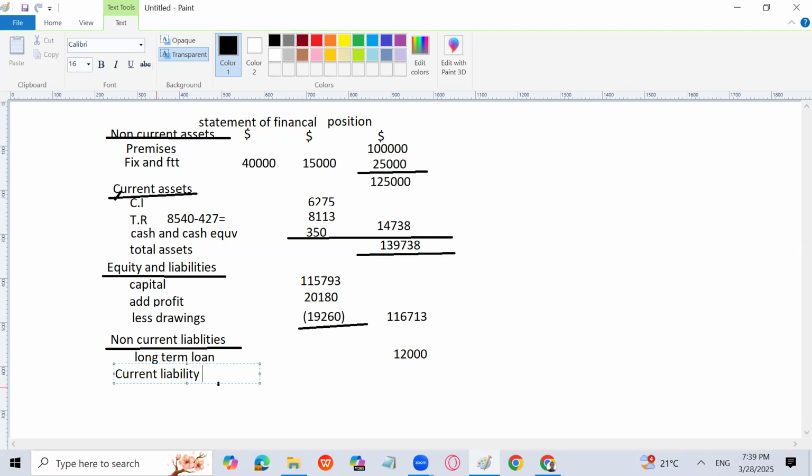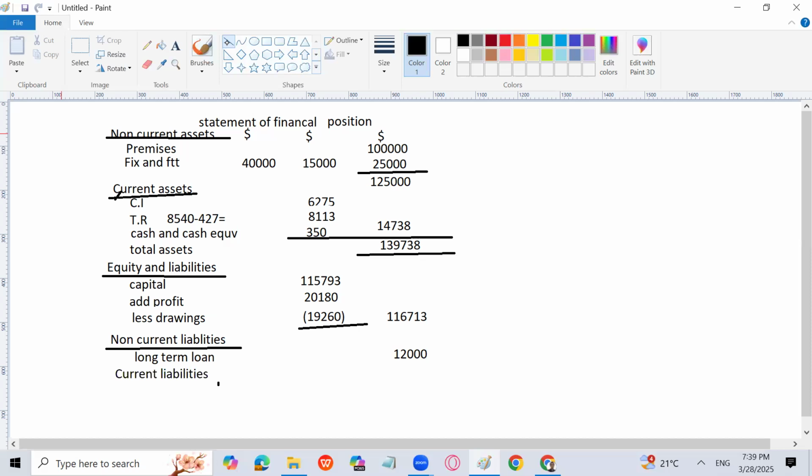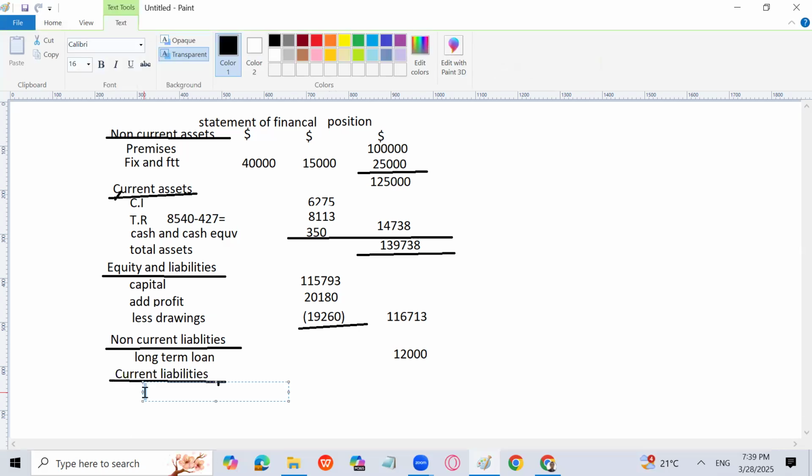So now I will go with the current liabilities. Obviously the major current liability is trade payable or account payable, whatever you want to write. And then there is a current liability of bank overdraft. But in this question, there is another current liability which is given, and that is wages payable.